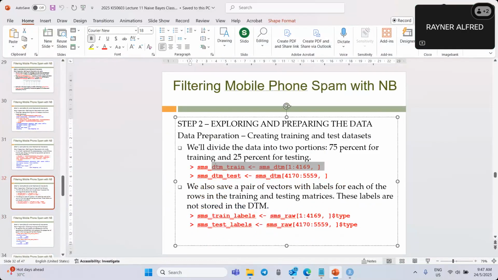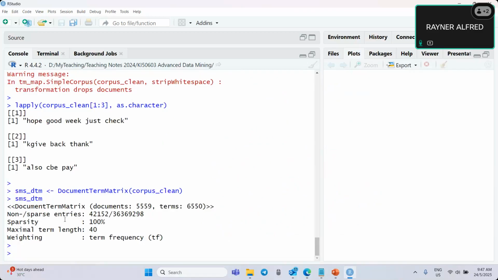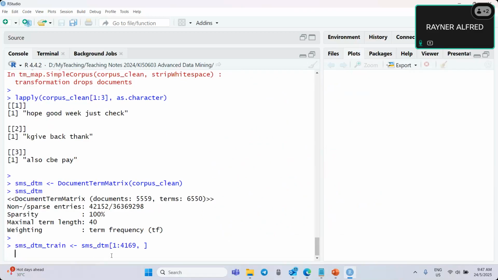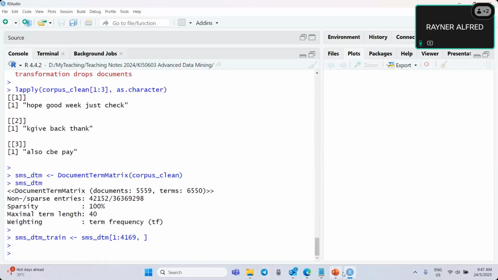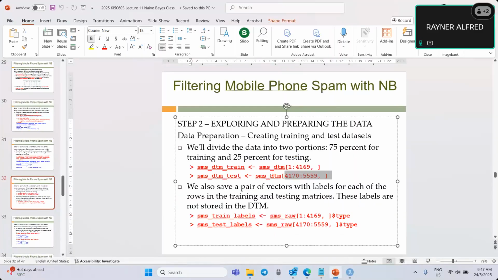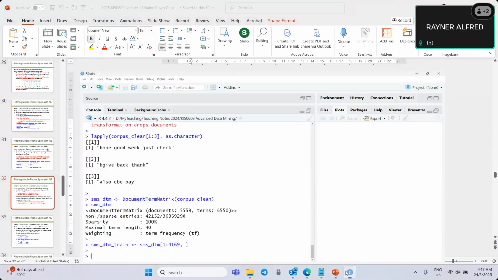Since we have them in the term matrix, I'm taking around 80% of them to be in my training, and this is by row number. The remaining I will put in the testing.